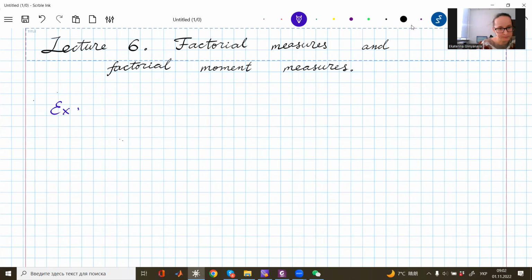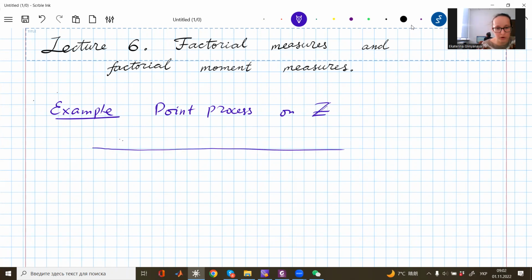So we start with an example of a point process on Z. It seems that it's easy to understand what it is. So we have numbers 0, -1, 1, 2, and so on.